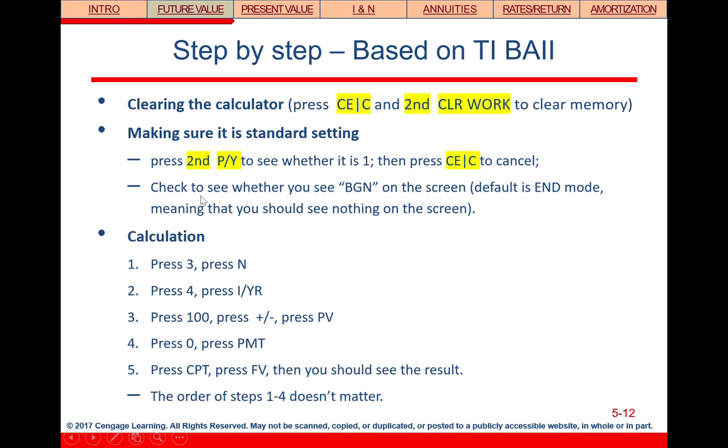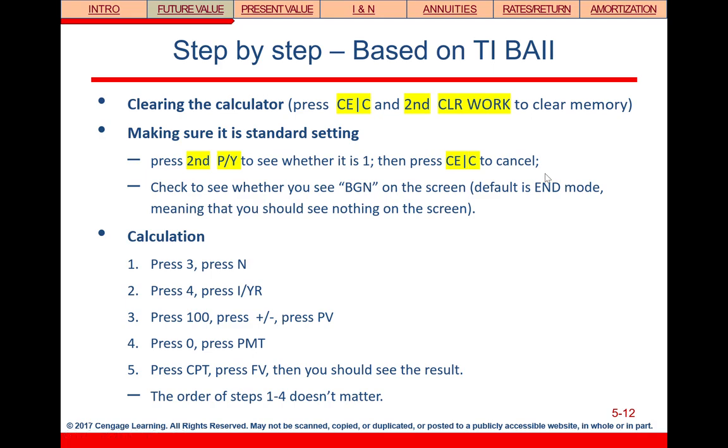And then the second thing to check is whether you see BGN, which means begin, on your screen. The default is end mode, which means your screen should be very clear. You don't see any small words on top or in the bottom of the screen. You only see 0, right? But if you do see begin, you will have to switch it to the end mode if your calculation should be happening under the end mode.